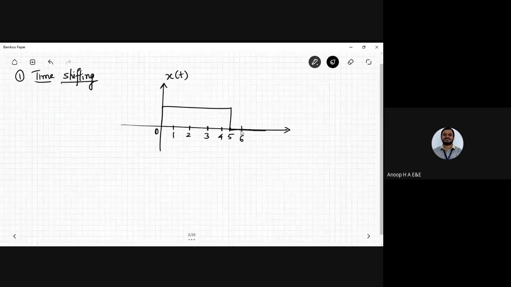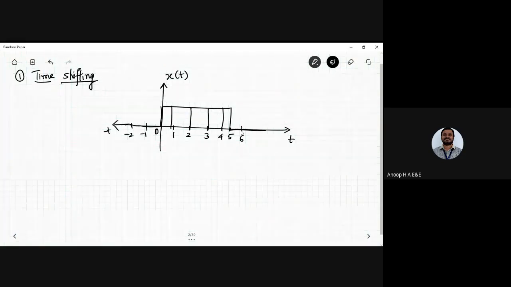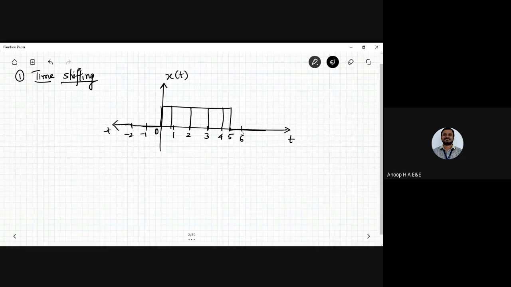And on the left-hand side you will have the time variable at -1, -2. The signal has a value of 1 starting from 0 to 5. So the value of x of t is 1 for time from 0 to 5. Mathematically, this is how you write it, and 0 otherwise.